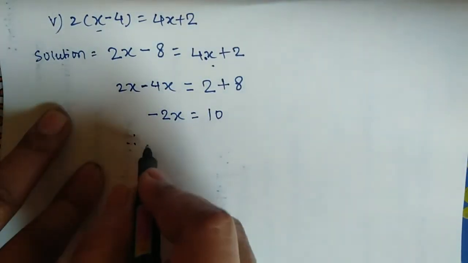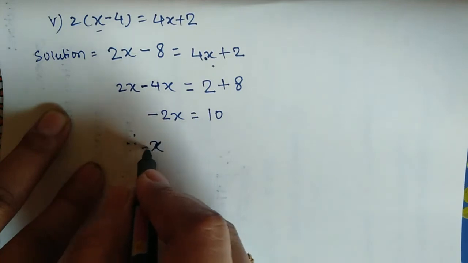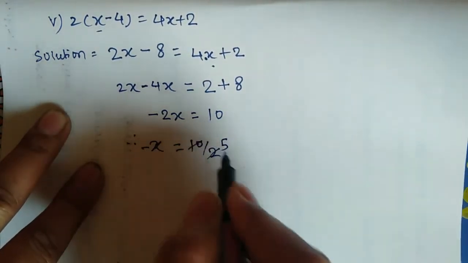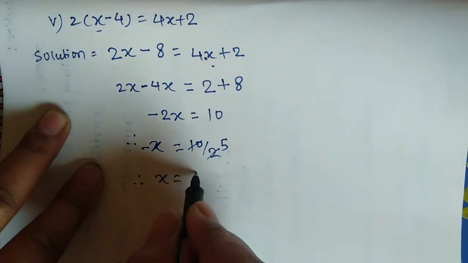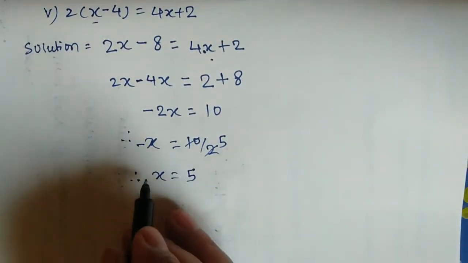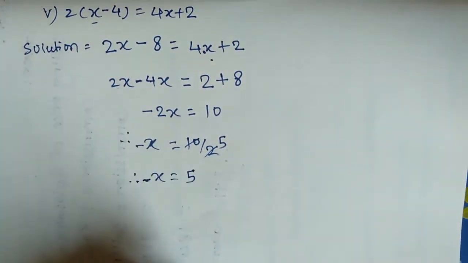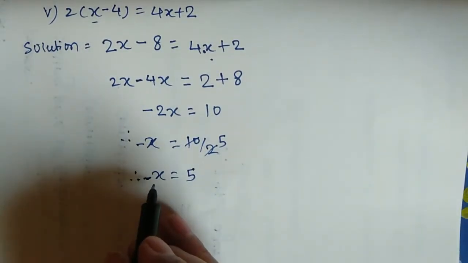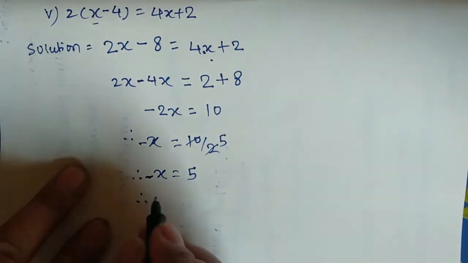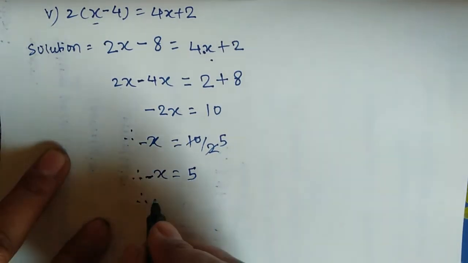So therefore minus x is equal to 10 divided by 2. 2 5s are 10. So minus x is equal to 5. So variable should be positive always. So therefore this minus sign goes to the right side by multiplying by minus 1.